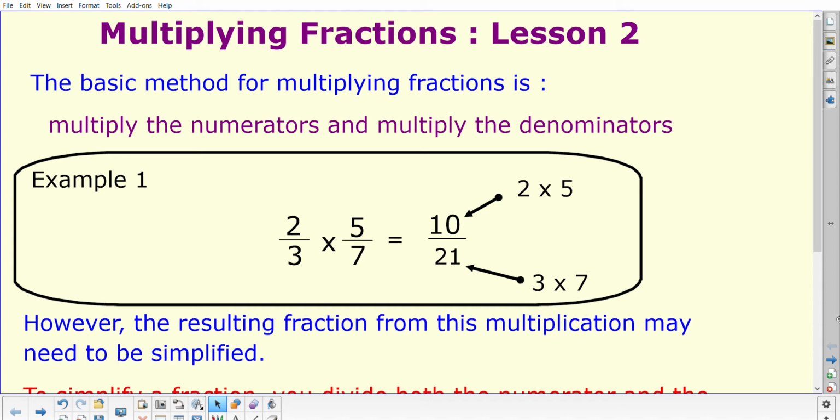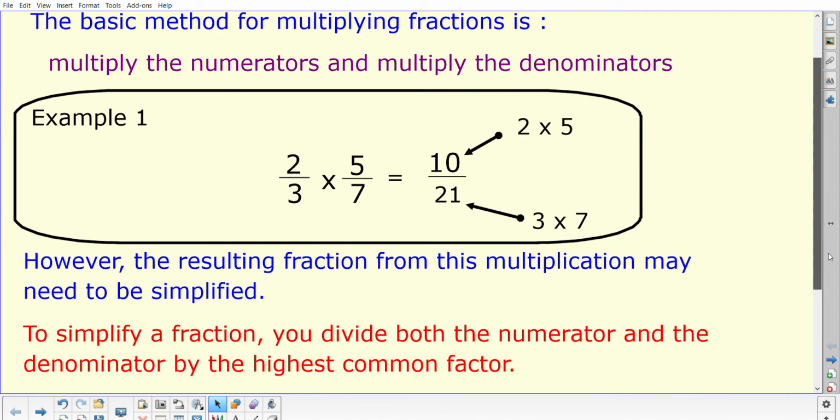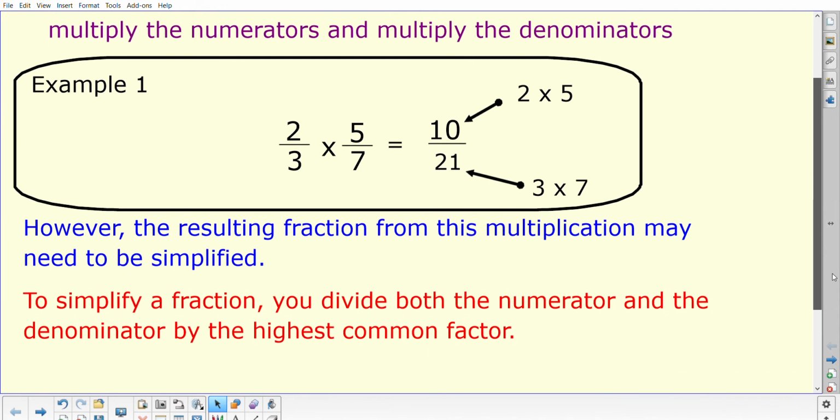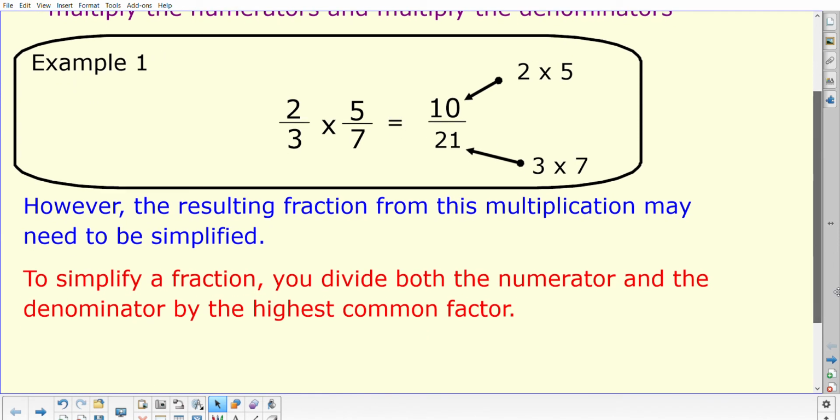That fraction can't be simplified, so as far as this one's concerned, that's the most efficient way to do that particular question.